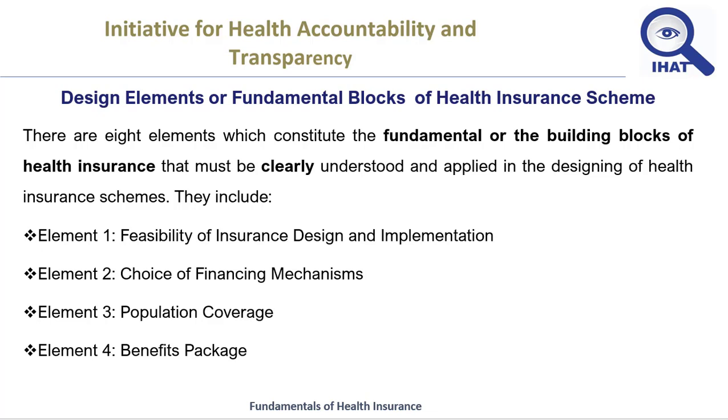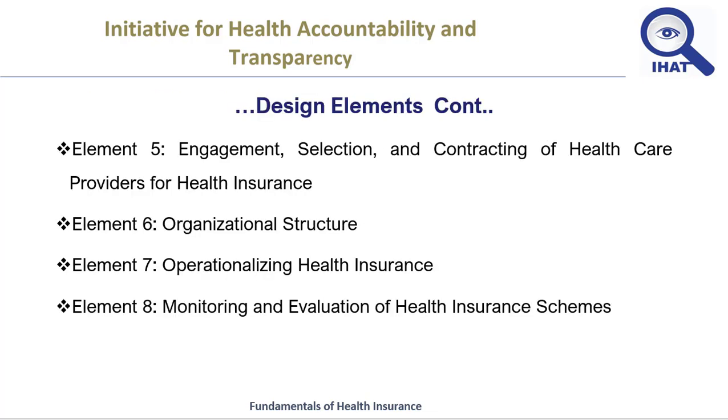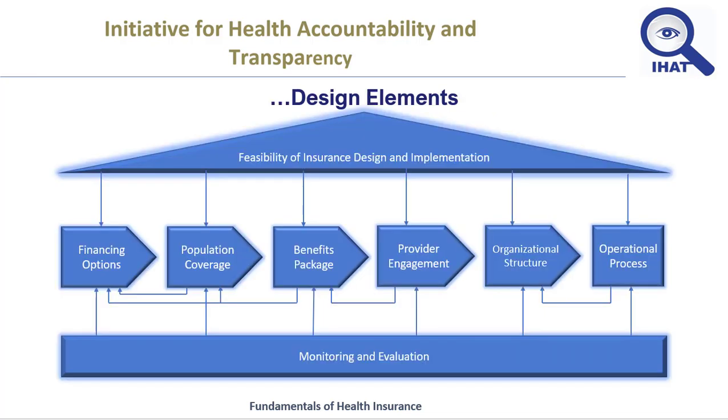They include feasibility of insurance design and implementation, choice of financing mechanisms, population coverage, benefits package, engagement, selection, and contracting of healthcare providers for health insurance, organizational structure, operationalizing health insurance, and the last but not the least is monitoring and evaluation of the health insurance schemes. So this constitutes the 8 design elements of health insurance schemes.